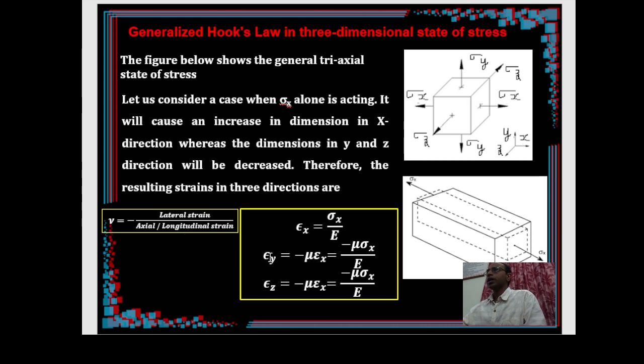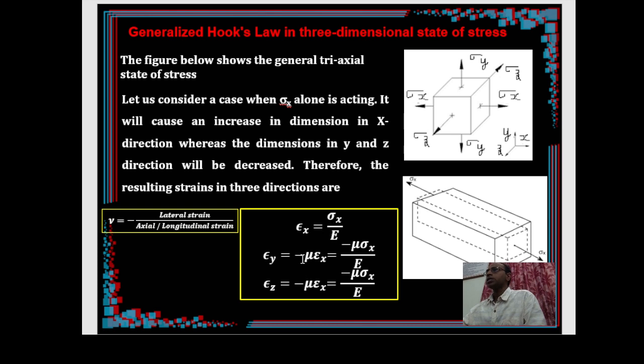Epsilon y is nothing but minus of this, because Poisson's ratio is the negative of lateral by longitudinal strain. From this definition you will get your strain in the y direction. The lateral strain in the y direction is minus mu times epsilon x, where epsilon x is already calculated from Hooke's law.